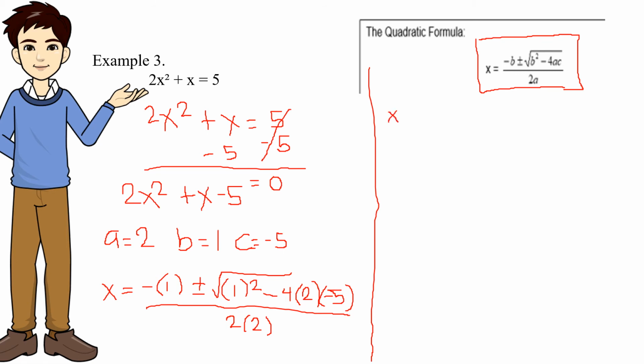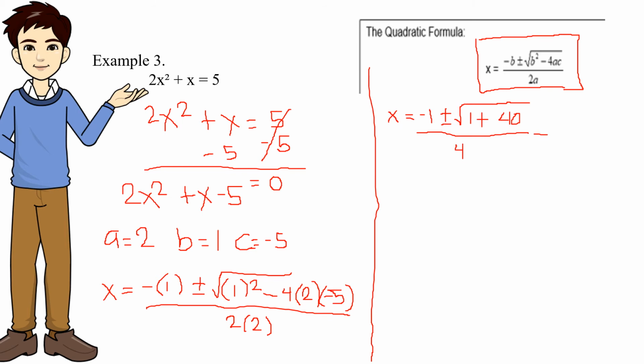Magkakaroon tayo ng x equals negative 1 plus or minus square root of 1 square, that's 1, then negative 4 times 2 times negative 5, the answer is positive. Negative times negative is positive, 40. All over 2 times 2, the answer is 4.